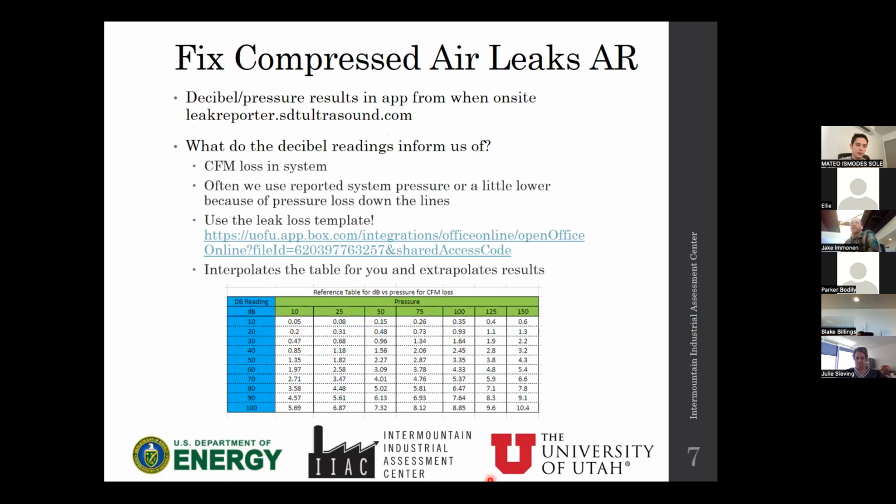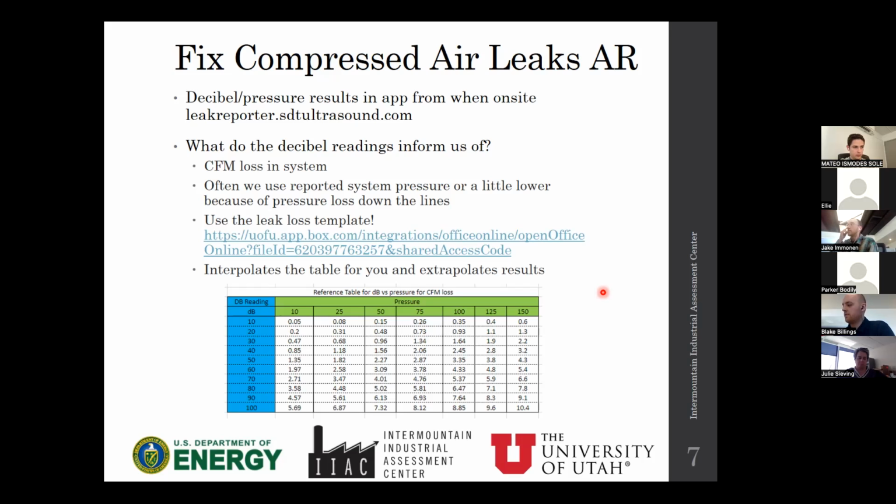Okay, so the next piece of equipment that we talked about was the ultrasonic leak detector. RT went through how to use that last week and how to pick up air leaks and how to use the app to document all the air leaks.